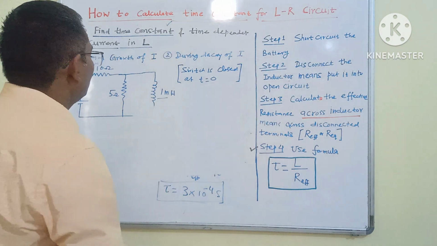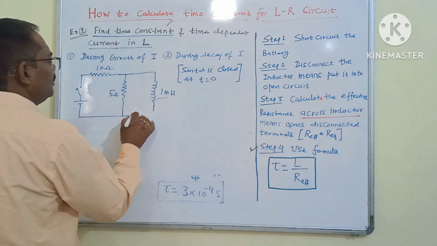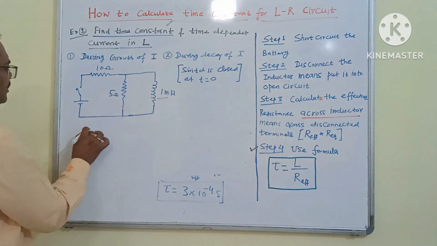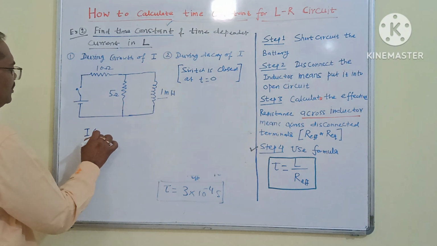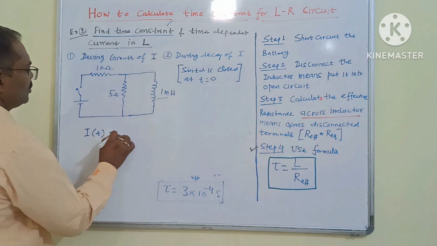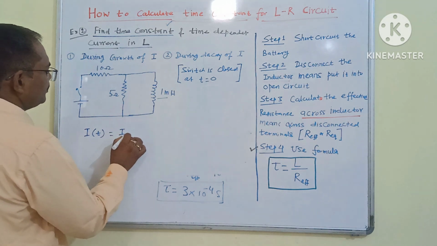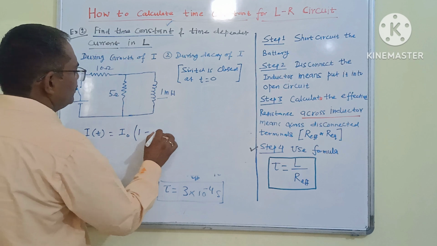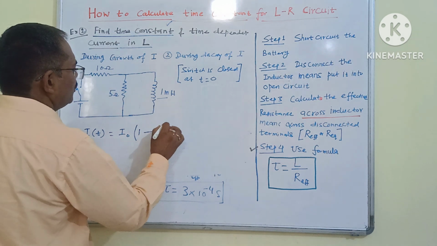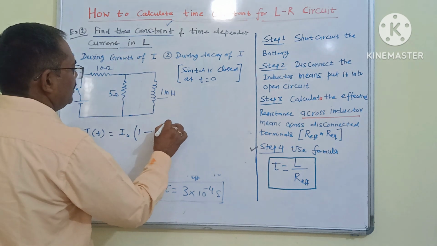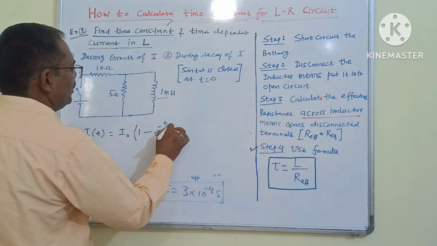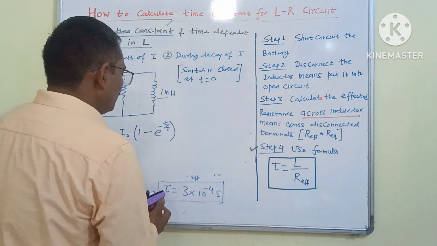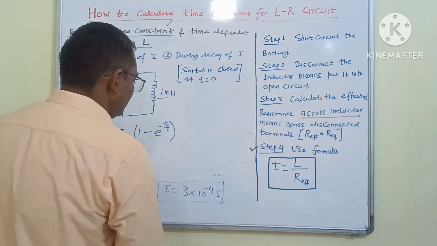During growth of current, time dependent formula is given by this equation. I(t) equals I naught, that is peak current, times 1 minus e raised to the power minus t over tau, where tau is time constant. So tau we have already calculated.